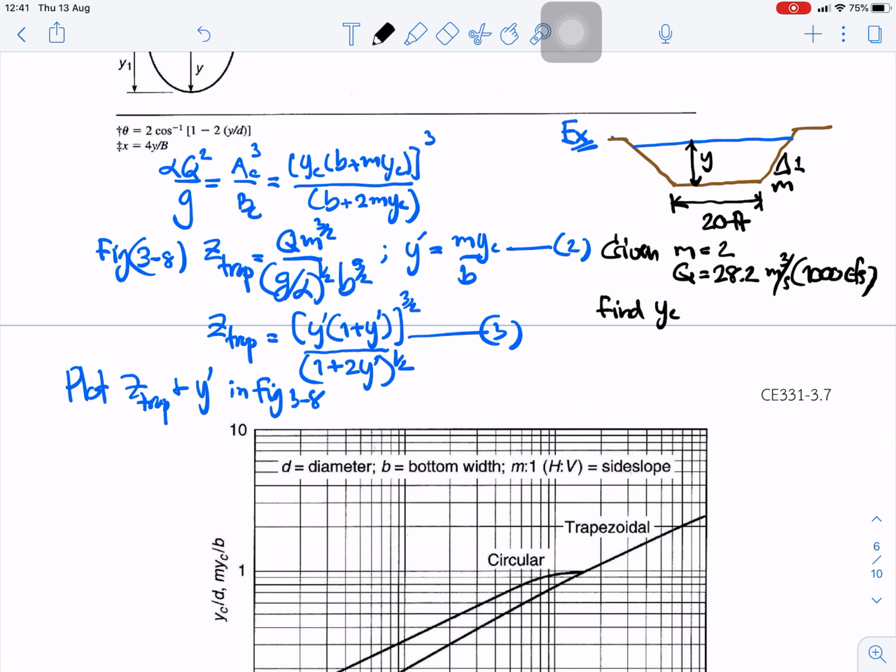Okay, next we have to estimate what is the area of this trapezoidal channel. That is the area.